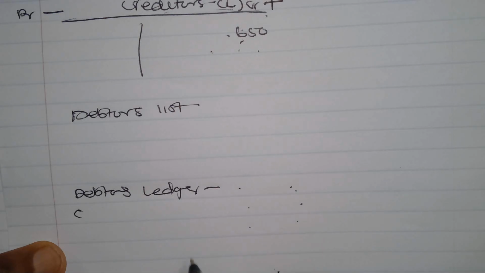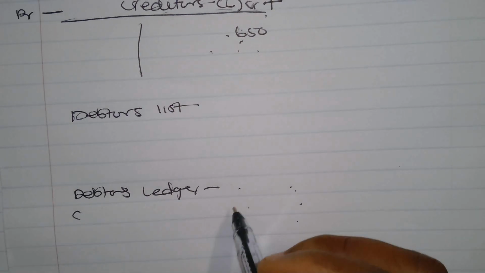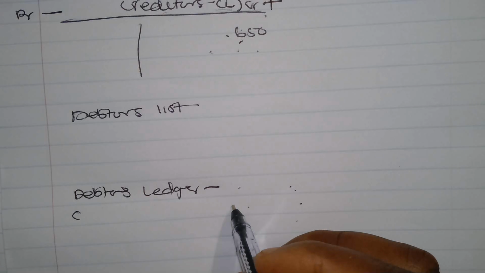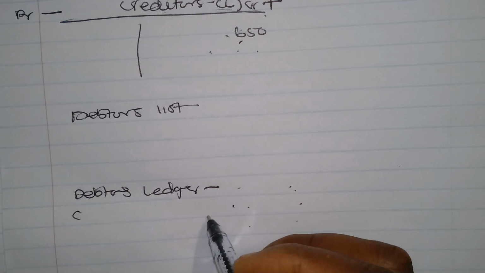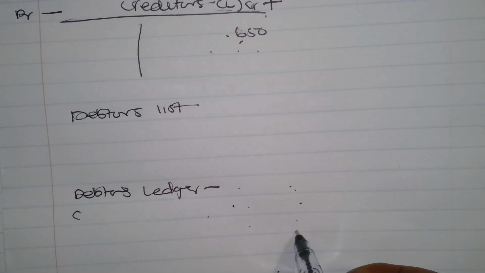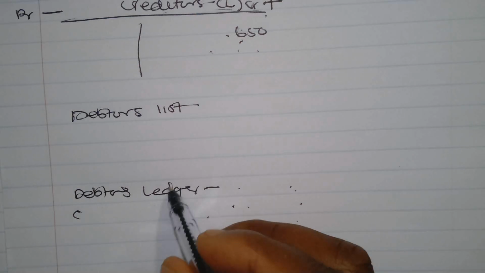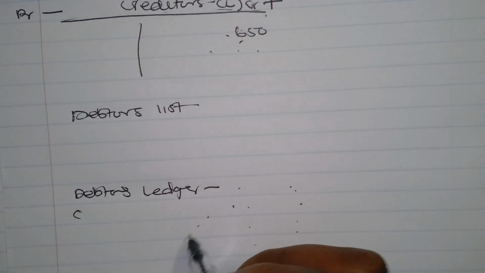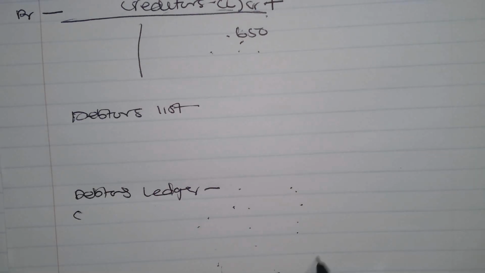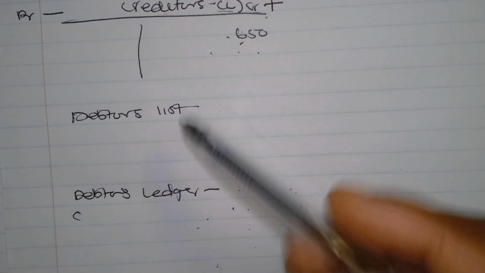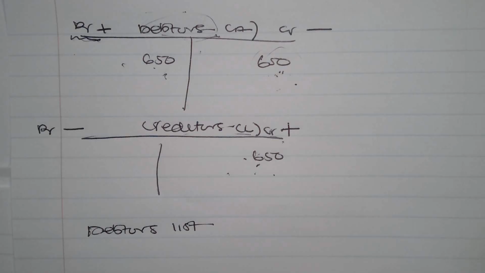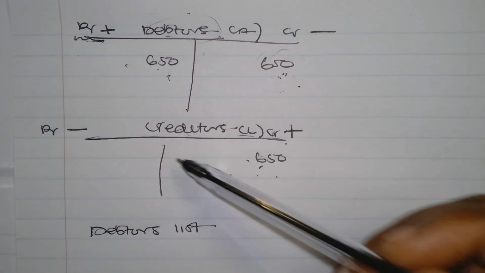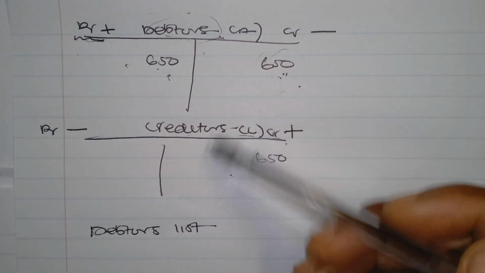Do you understand? So if they are there, you can tell that during this month, Mpo took things and Mpo paid some of the things. In the debtors ledger, you have those kinds of things. I believe I taught you this. And then at the end, you would have a balance there. So I'm just trying to show you the difference. We are using the debtors control and the creditors control to facilitate the transfers.